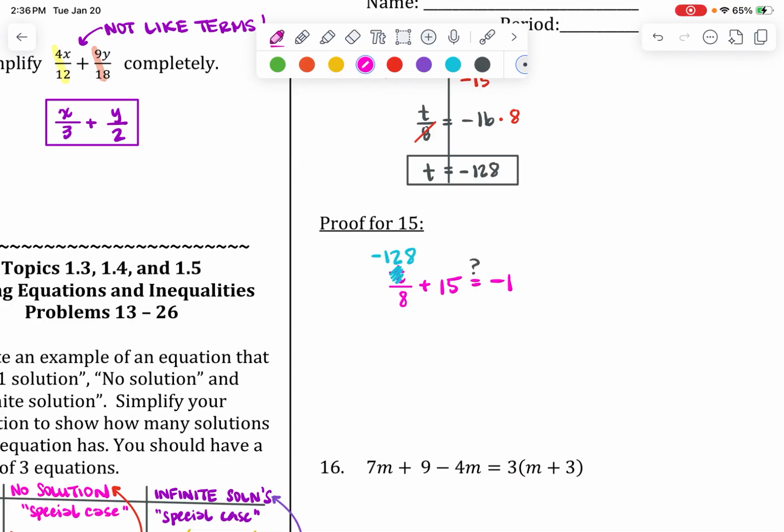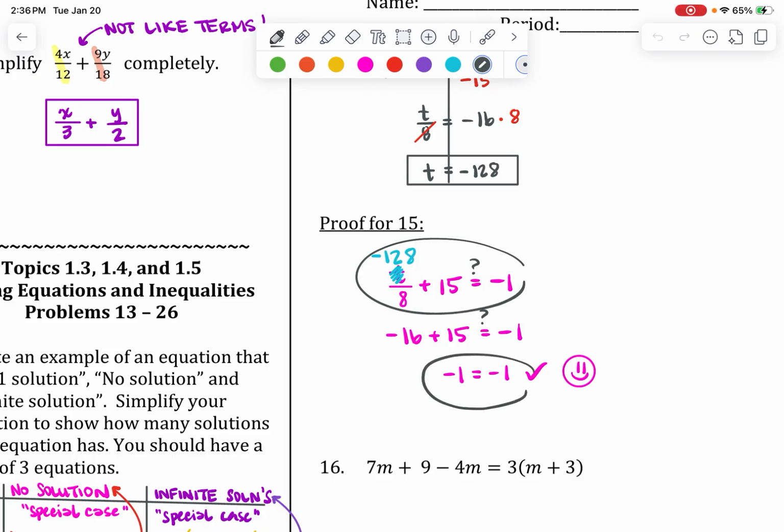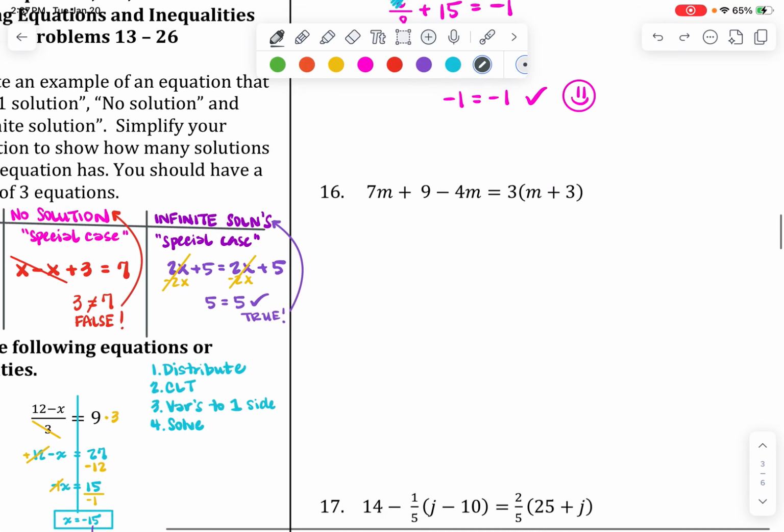And so I'm going to divide by 8, and I'm going to get negative 16 plus 15, which gives me negative 1 equals negative 1. And then I make a big smiley face because that proves that my answer is correct. Now, you don't have to show me all these step-by-steps, right? You can just show me this guy, and I'm totally fine with that. But just do as much work as you need to make that proof happen, okay? All right, number 16.